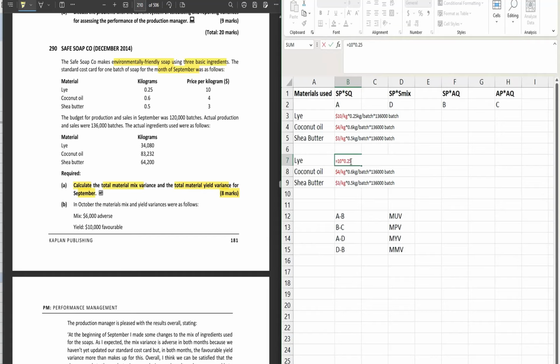You can present your answer like this in your exam as well, because in PM there is no specific format specified by the examiner or in books. So whatever you feel comfortable with, you can present your answer like this. There is no specific format like the one mentioned in our FR. So that's why you can present it in your own way.